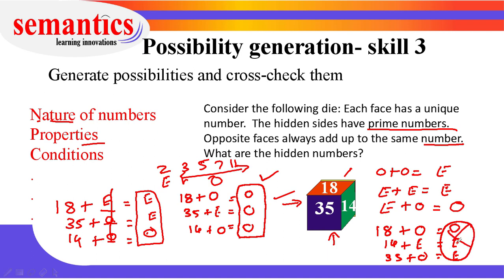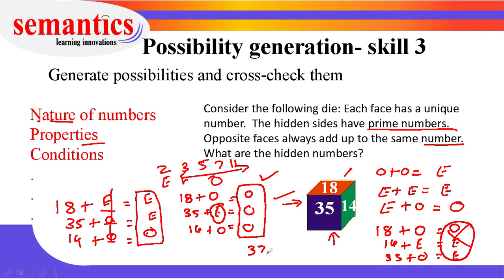So if I look at this case, I know that 35 plus the even number, the even prime, the only possibility is 2. So that means 35 plus 2, that means this number has to be 37. So now that we got the sum as 37, we can easily compute the other two faces. I know one face is 2.